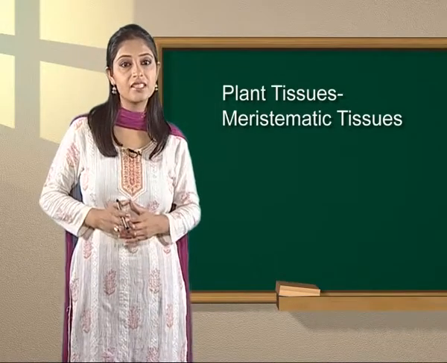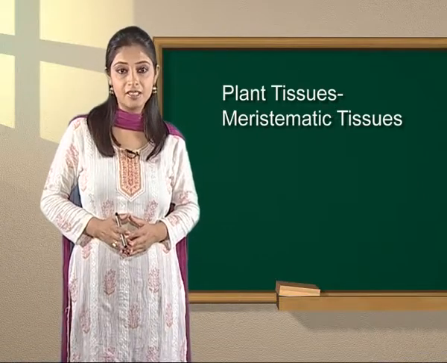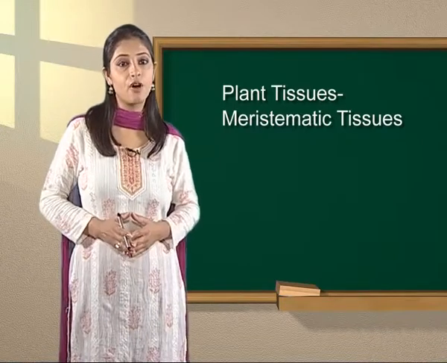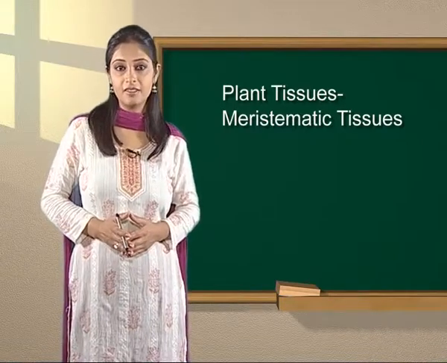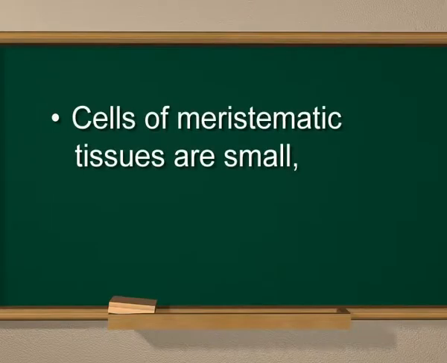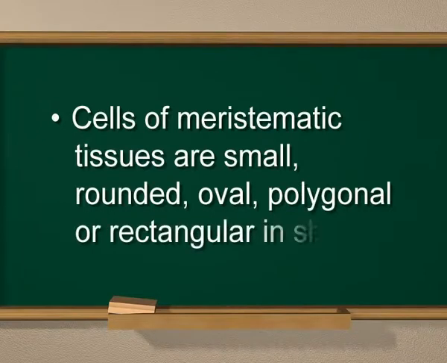My next question is, list 4 main characteristics of meristematic tissues. Answer: characteristics of meristematic tissues are: cells of meristematic tissues are small, rounded, oval, polygonal, or rectangular in shape.